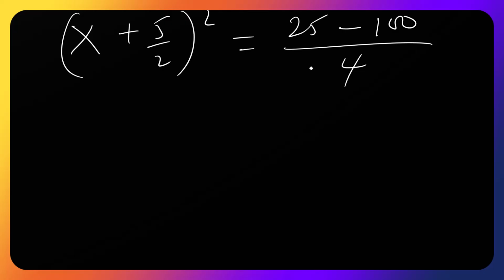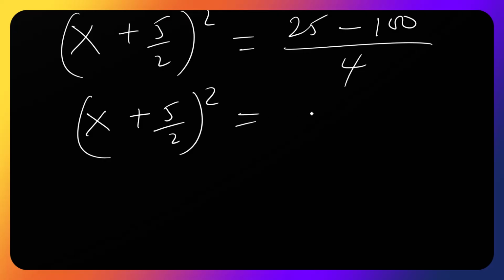So 25 minus 100 will be minus 75. From here we can say x plus 5 on 2, all squared, equals minus 75 on 4.